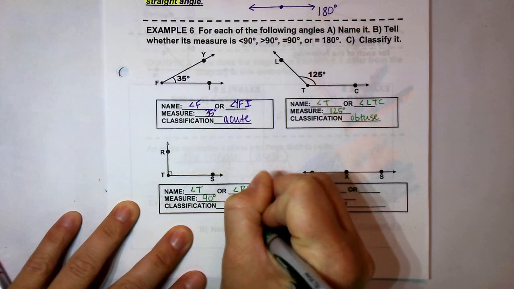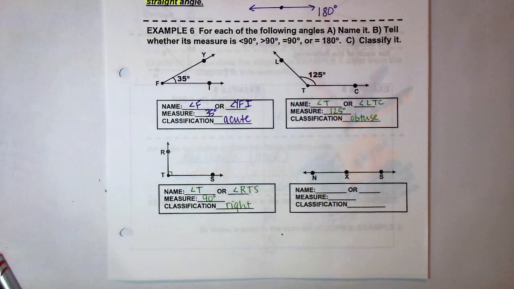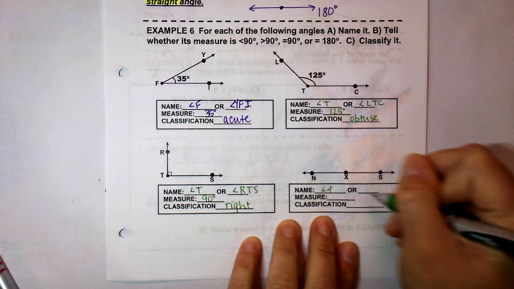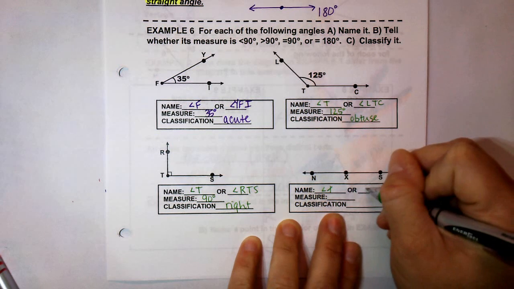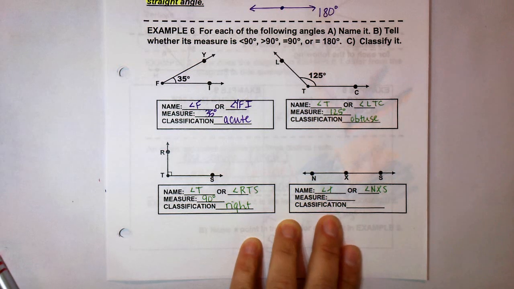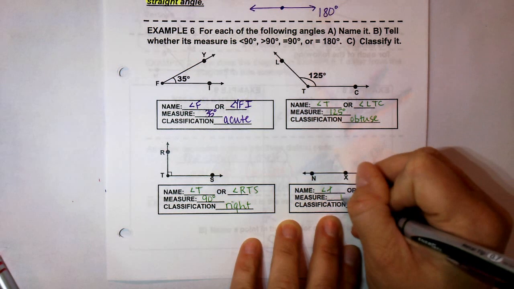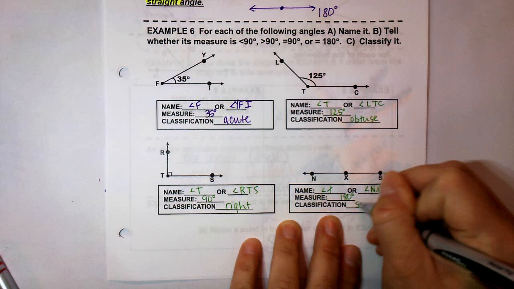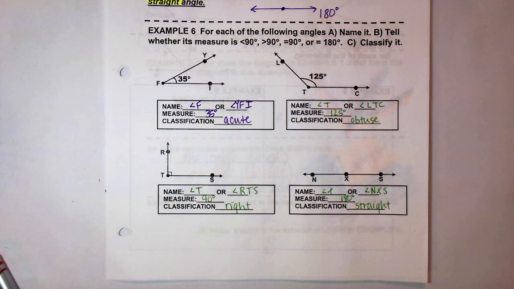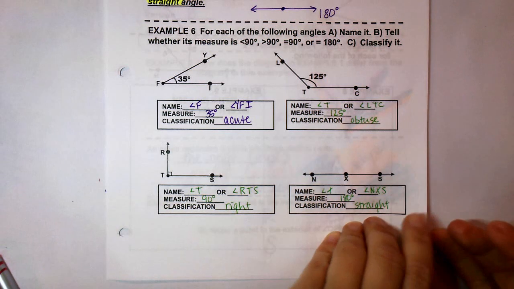And right. And then lastly, angle X. Angle XS. All right, so let's see. 180 and straight. Did you get them? I hope so, because like I said, this is the easy stuff.